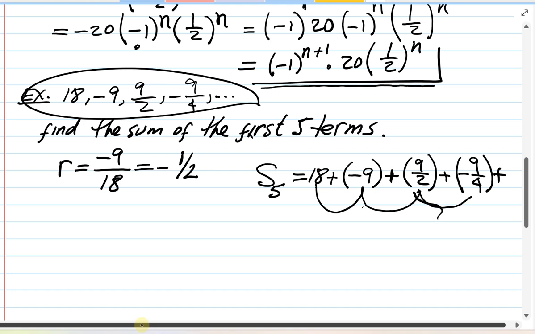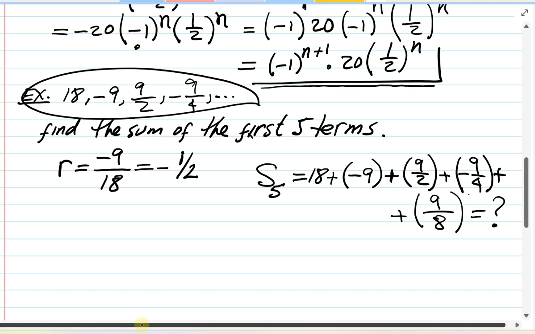The sequence and the series will be alternating in this case because r is negative. So to go from negative 9 fourths to the next term, I multiply by 1/2. And because this term is negative, the next one will be positive, the 5th one. And it's going to be 9 over 8, that's half of 9 fourths. There you go.